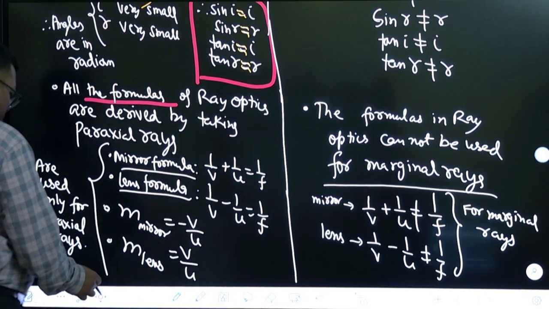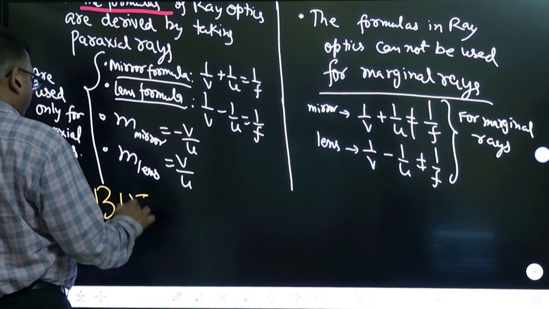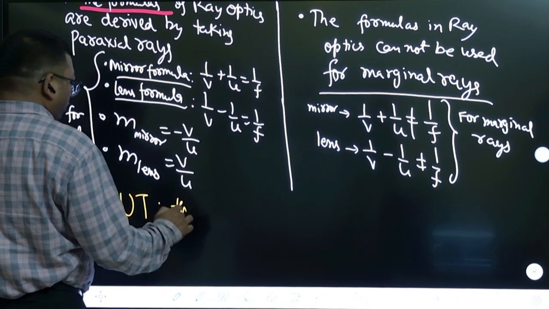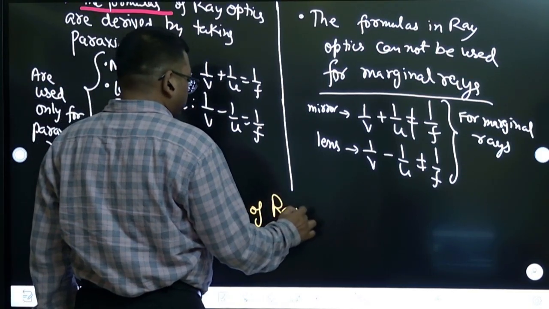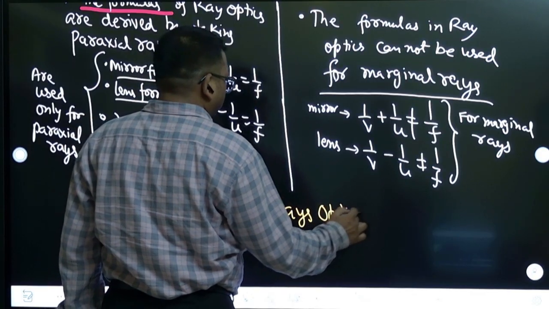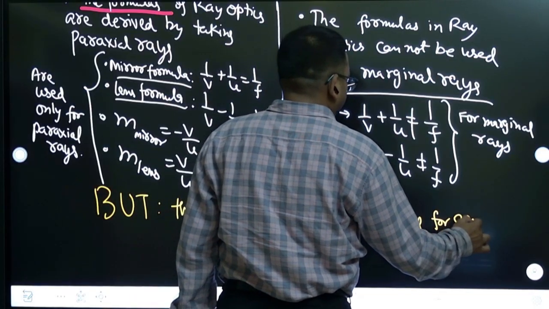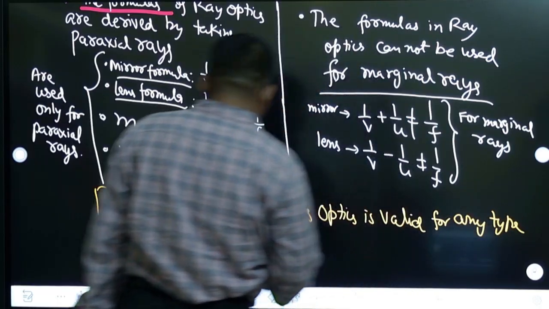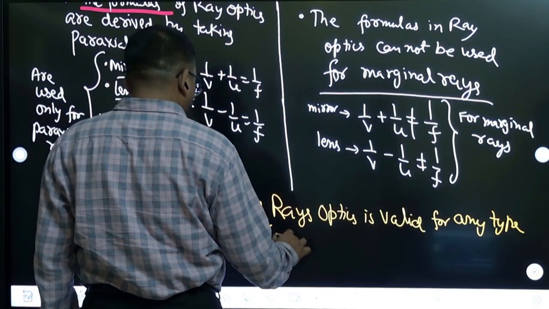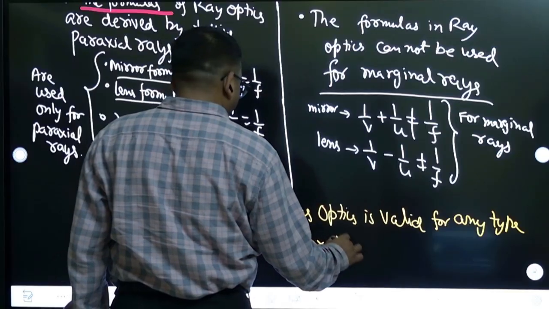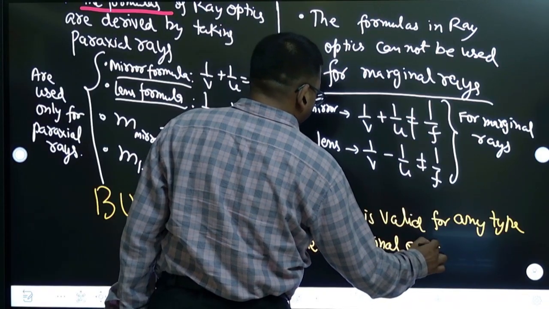But again note one important thing: the laws of ray optics are valid for any type of ray, whether marginal or paraxial.